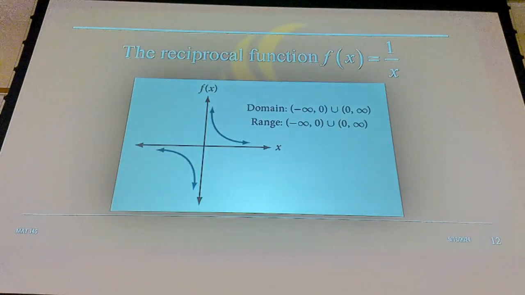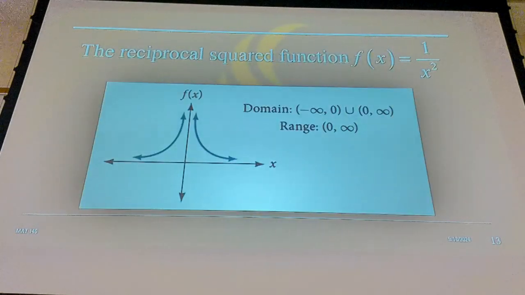So they call this reciprocal squared. You may hear me refer to it as the inverse square, but it means the same thing. 1 over x squared. Domain, all real numbers except 0.